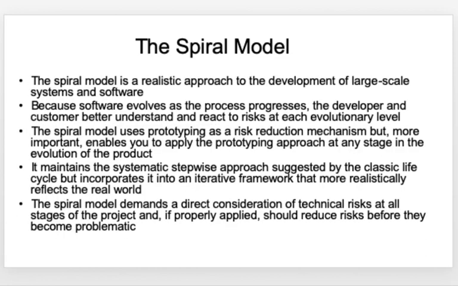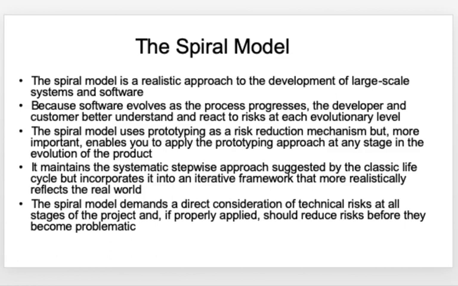The spiral model is a realistic approach to software development where you could develop large scale systems and software. The spiral model is also a model which could reduce the risks, otherwise called a risk reduction mechanism.